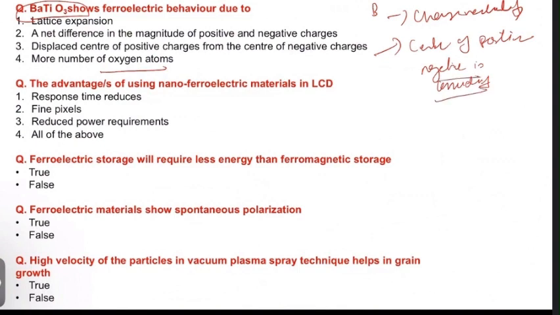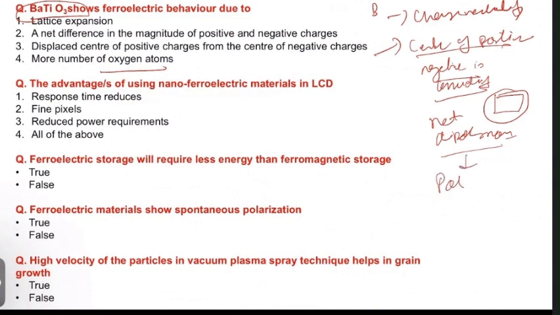Since it does not coincide, there is some net dipole moment. And this dipole moment in the presence of electric field creates permanent polarization. Therefore, option 3 is correct: displaced center of positive charges from the centers of negative charges.